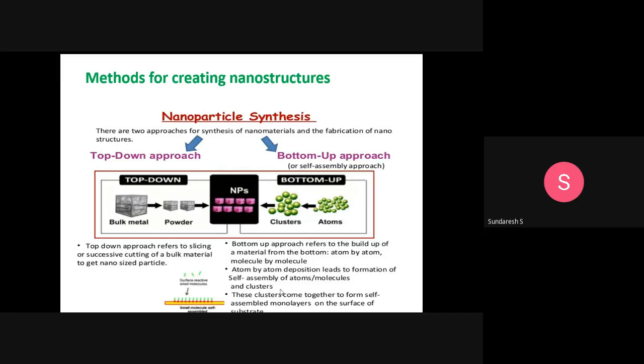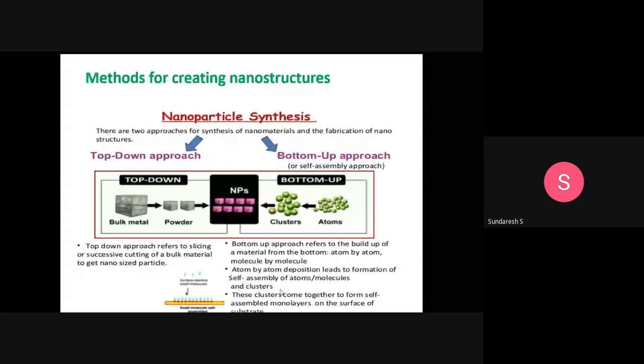Atoms of the same kind chemically assemble together, and they form molecules and start forming clusters. These clusters come together to form self-assembled monolayers on the surface of the substrate, forming a single layer. Like that, each layer is built one by one, and they go on to form nanoparticles or a nanomaterial. This is the basic principle behind nanoparticle synthesis.